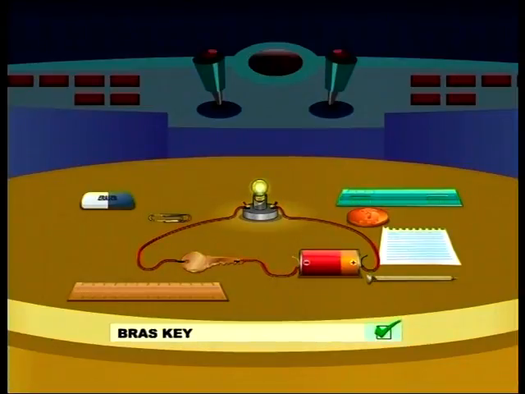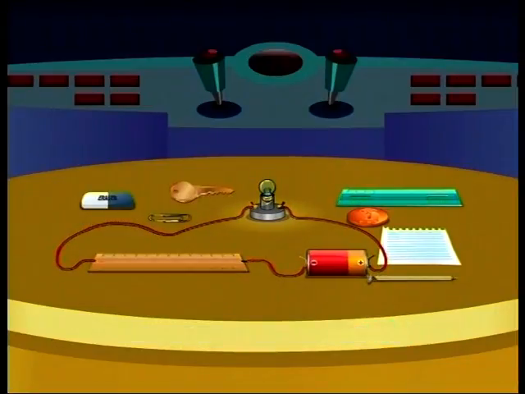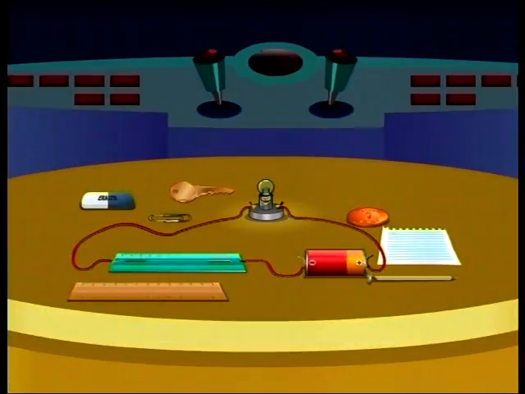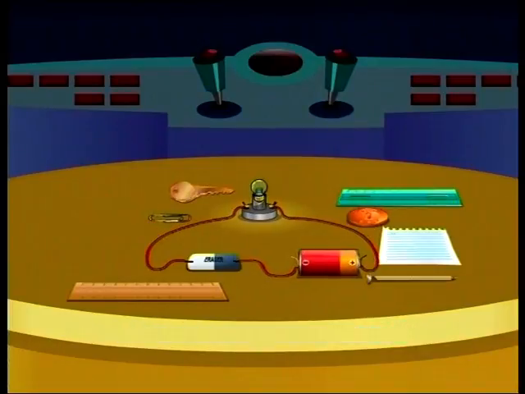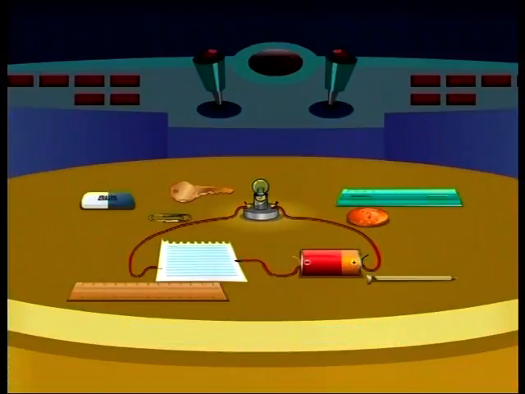Yes, it can. The wooden ruler. No. The plastic ruler. No, it can't conduct electricity. The nail. Yes. The eraser? No. And the piece of paper? No, it's a bad conductor.